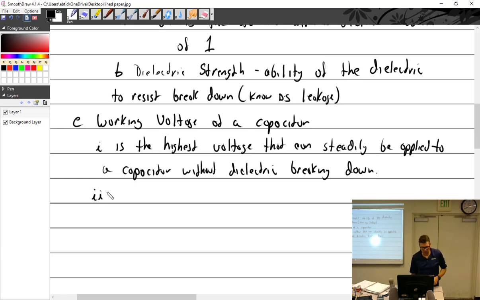It's technically dependent upon the type and thickness of the dielectric.